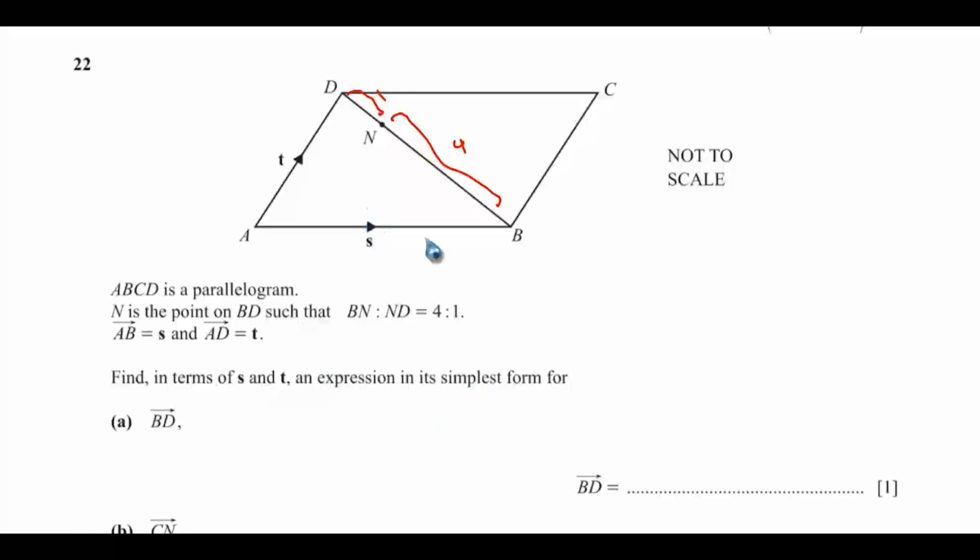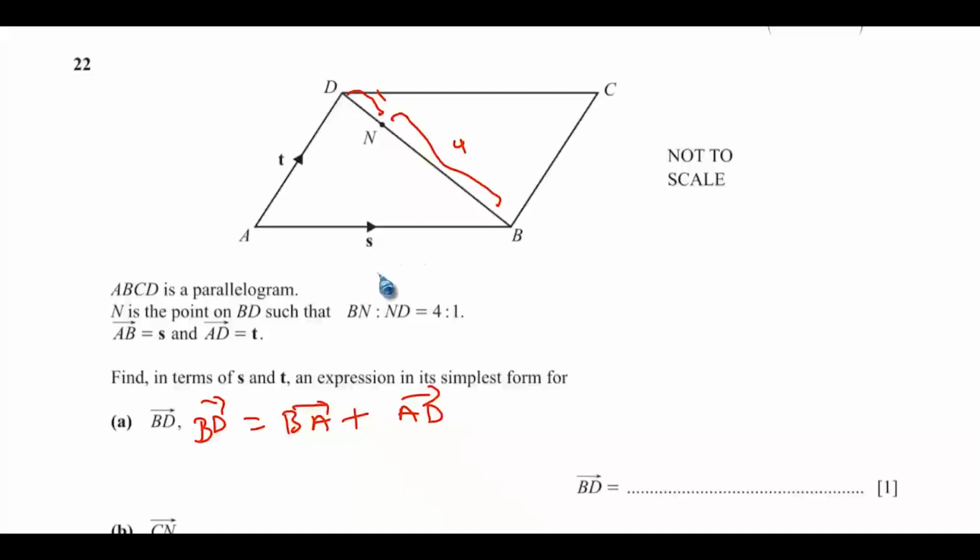So BD will be equal to BA plus AD. So we can write it here, BD equals BA plus AD.